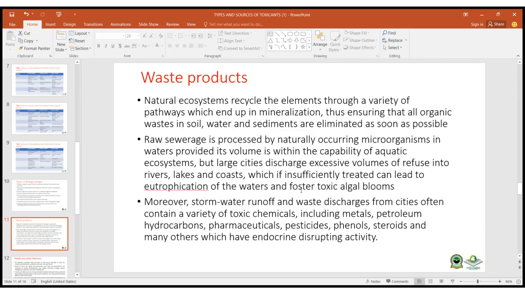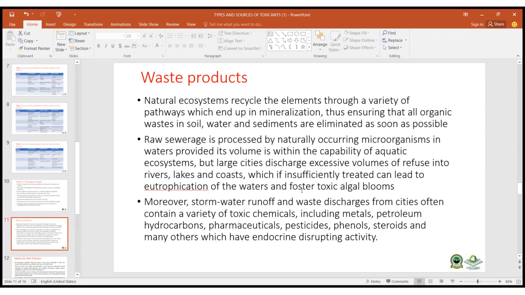And when they bioaccumulate inside the fish, a fisherman will go and collect the fish and bring it out for sale. And then an innocent person will go and buy the fish and start eating, not knowing that he is also eating some of these toxins.